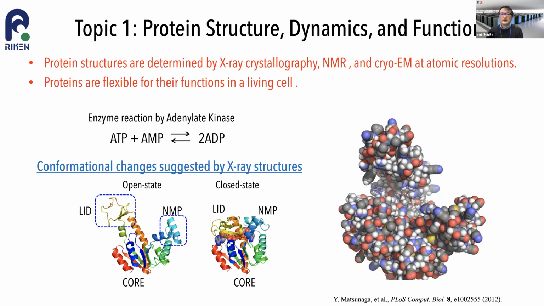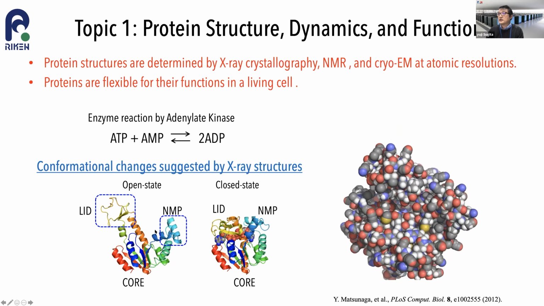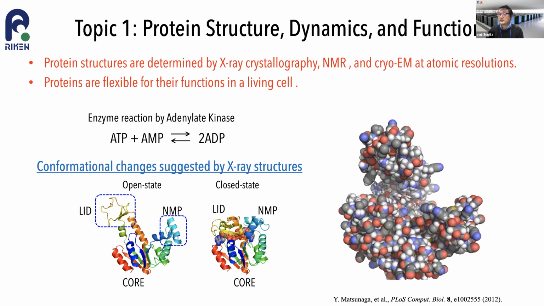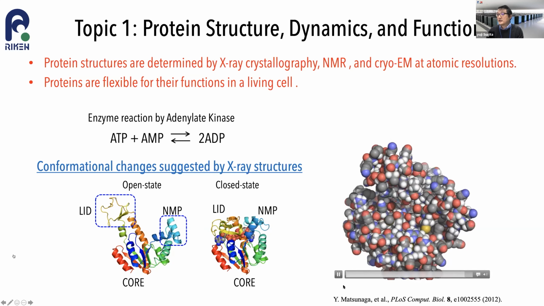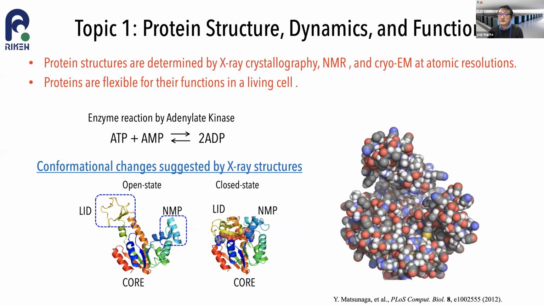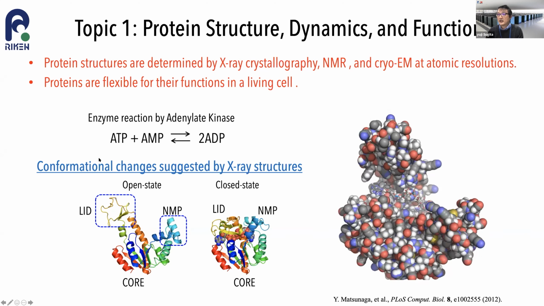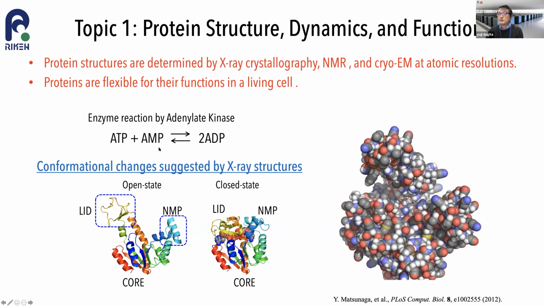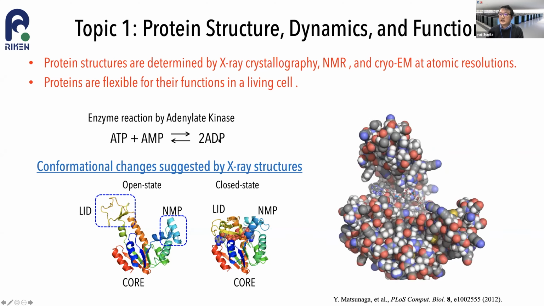So in this slide, I'd like to show the protein structure, dynamics and function relationship. The movie shows the conformational change of adenylate kinase, one of the famous enzymes, which catalyzes the reaction from ATP and AMP to ADP.